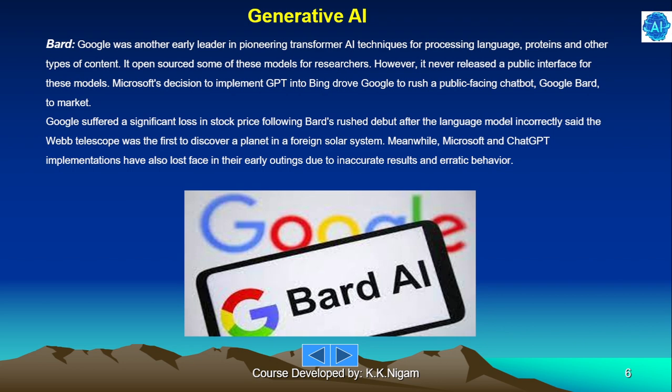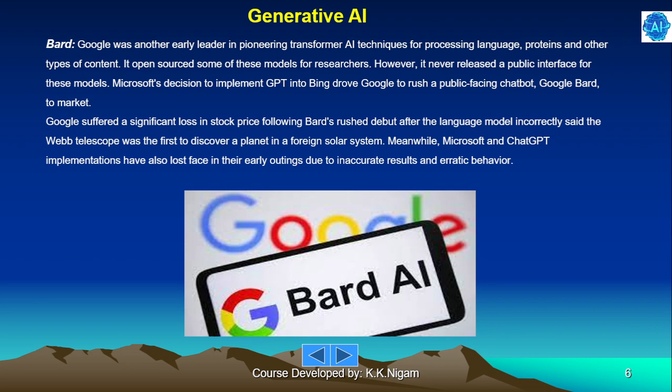Google was another early leader in pioneering the transformer AI technique for processing language, routines, and other types of content. It open sourced some of these models for researchers. However, it never released a public interface for these models. Microsoft's decision to implement GPT into Bing drove Google to rush a public-facing chatbot, Google Bard, to market.